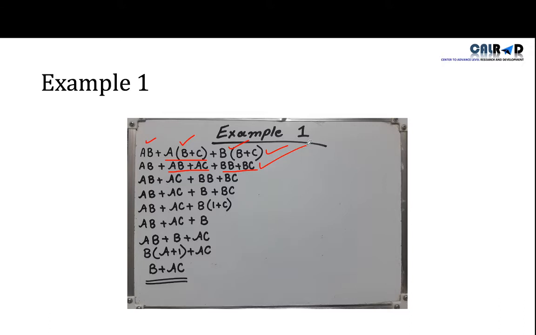So our second step is completed. From now onward we will check whether we will apply any Boolean algebraic law or not. Now from this third step we will be applying the Boolean algebraic laws, and whatever law you will apply, you will write the number of that law here.